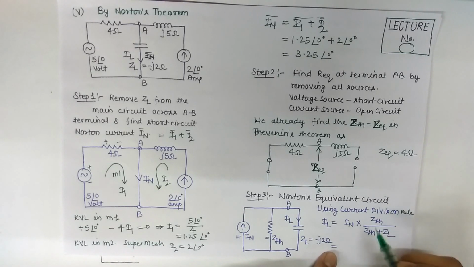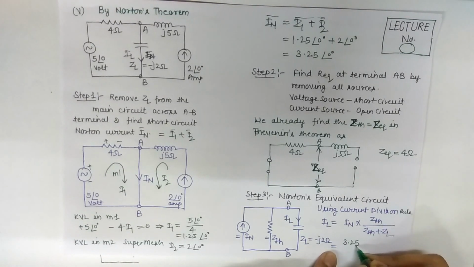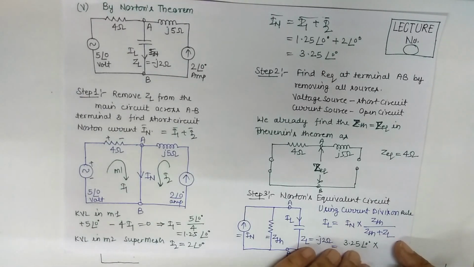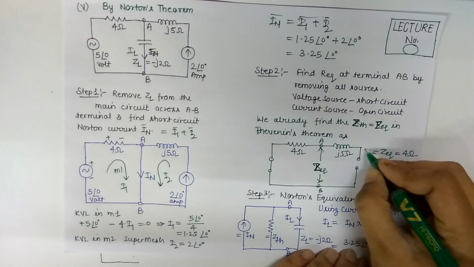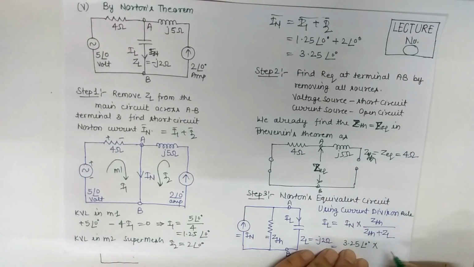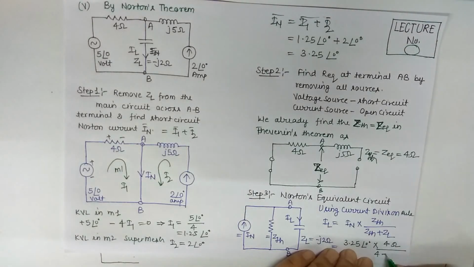We know all the values. So put here IN, this is 3.25 angle 0 degree, and ZTH. So ZTH is basically this Z equivalent, 4 ohm, upon 4 minus j2.